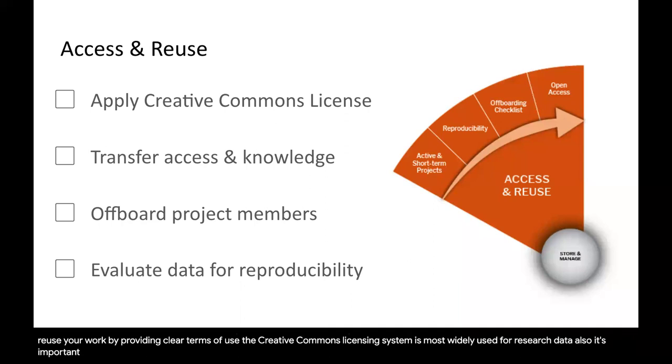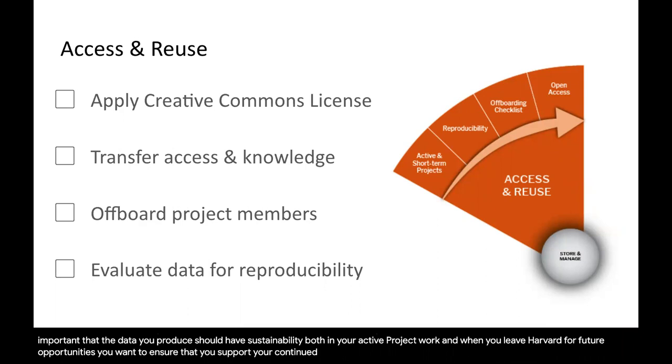Also, it's important that the data you produce should have sustainability, both in your active project work and when you leave Harvard for future opportunities. You want to ensure that you support your continued advancement as a scientist wherever you go in your professional career.